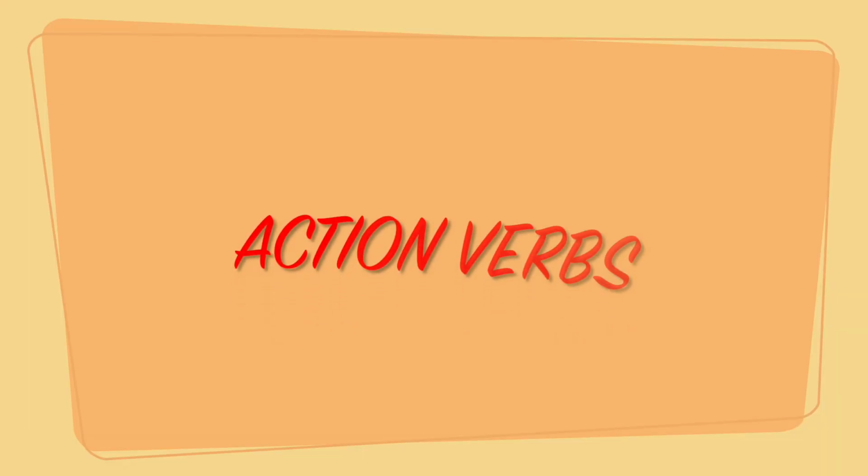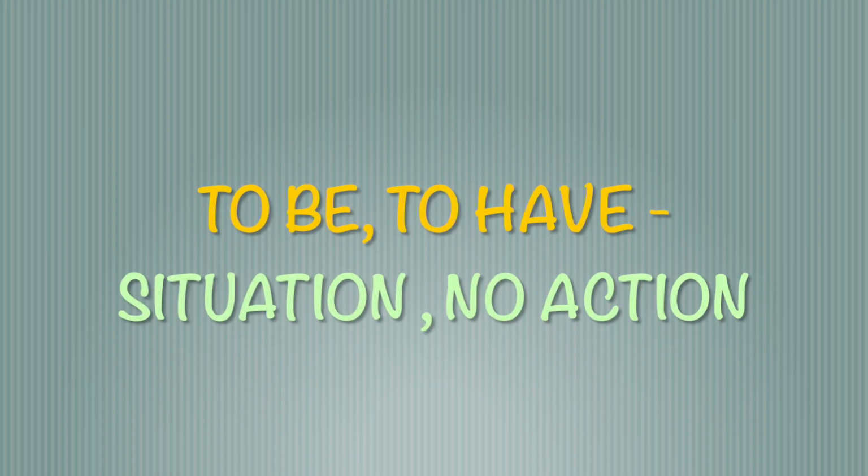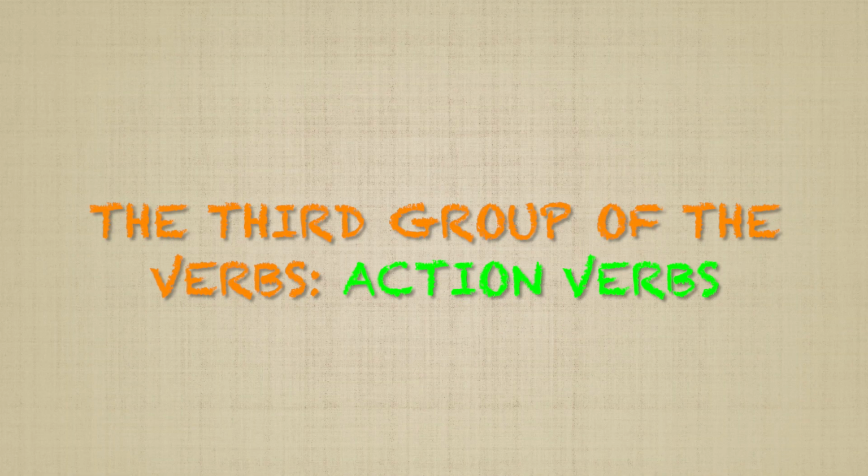Another group of the verbs which we're talking about includes all the other verbs, all the verbs in English which we use on a daily basis. They show action. So these are the action verbs. The first 2 groups, the verb to be and the verb to have, show situations. However, now we are talking about the actions. The third group is representing the action verbs.